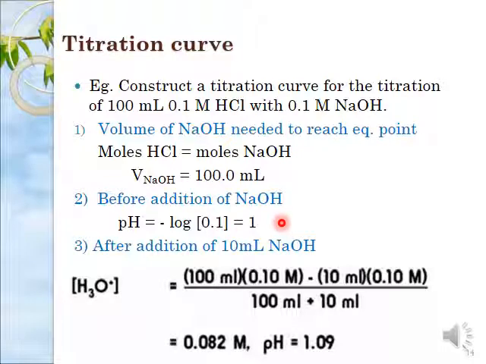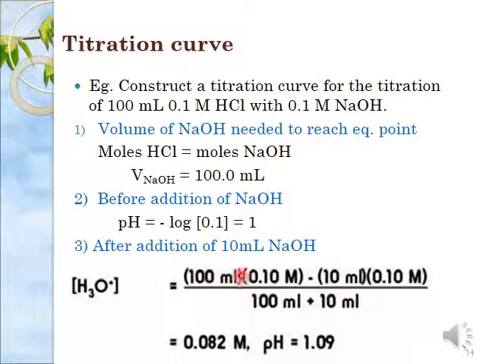Now next is when you start titrating. Let's say we add in 10 ml of the titrant, 10 ml of sodium hydroxide. Of course the acid is still in excess. So when you calculate M1V1 minus M2V2, the number of moles of acid minus the number of moles of base will counter the addition of the base.